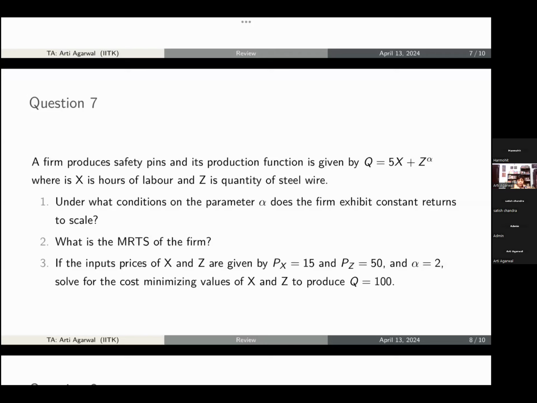So I'll give you 2 minutes to solve this. At least the first two parts everybody should be able to solve. Actually, this whole question is really not difficult. We have solved these kinds of questions in the class already.